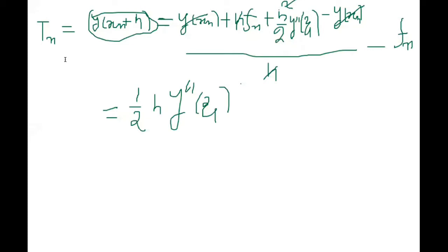And then apply here the mod of f(xn, y at xn) minus f(xn, yn) is less than or equal to L times mod y at xn minus yn, where L is the Lipschitz constant.